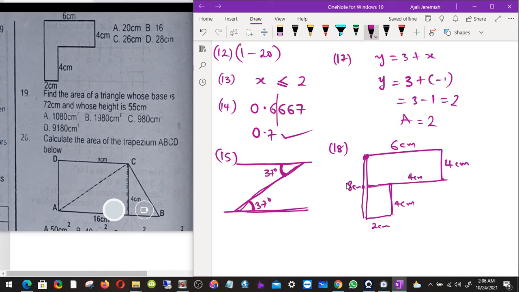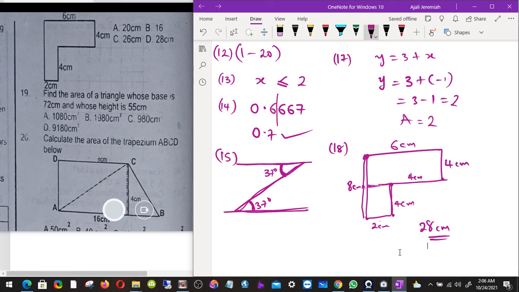So we add now 6 plus 4, 10, plus 4, 14, plus 4, 18, plus 2, 20, and plus 8, 28. So the perimeter is 28 centimeters. Okay, and that's option D.